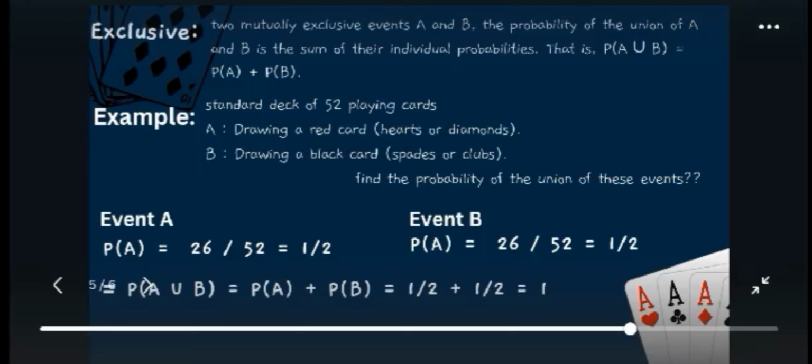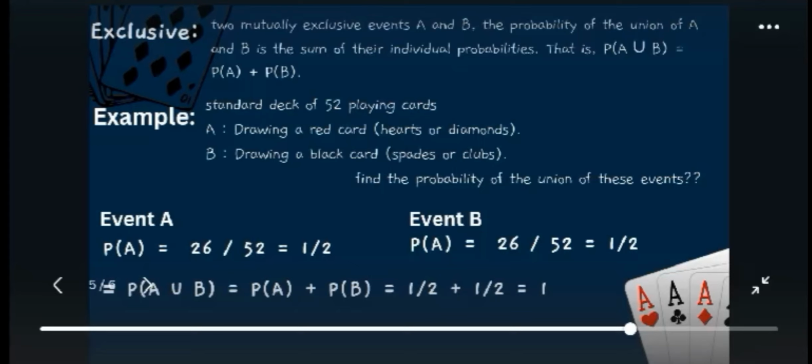So the probability of drawing a red card, event A, is the number of red cards divided by the total number of cards. So probability A equals 26 over 52 equals 1/2. Similarly, the probability of drawing a black card, event B, is also 26 over 52 equals 1 over 2.